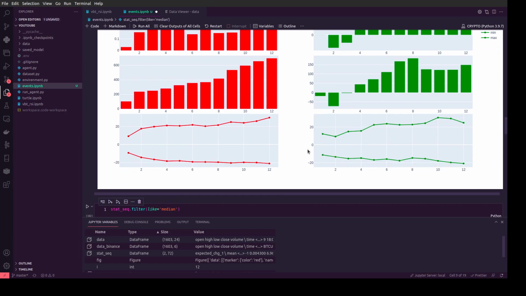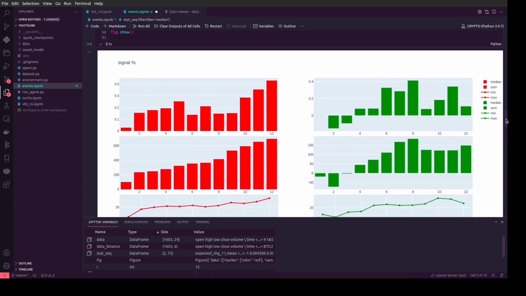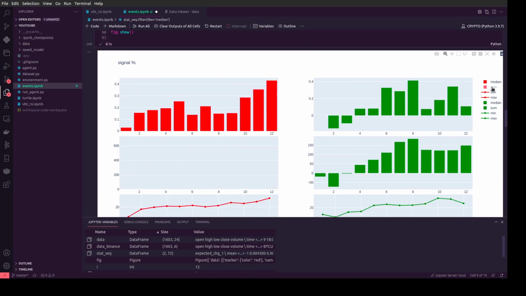In general, we see this channel expands, and it's a normal situation when we hold a position for several bars. With each bar you hold the position, the risk increases, and the probability of range also increases.